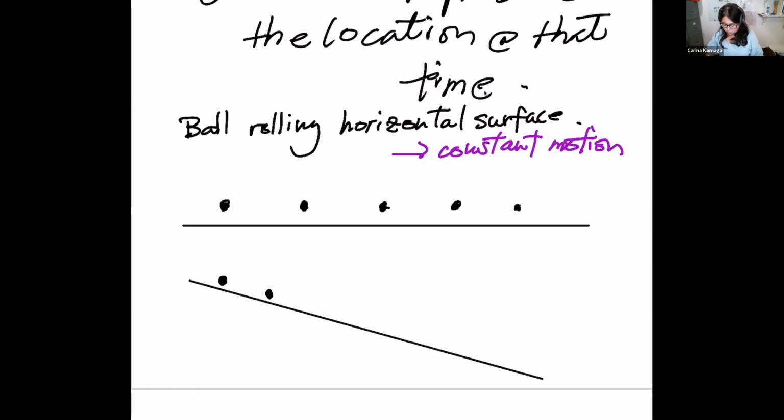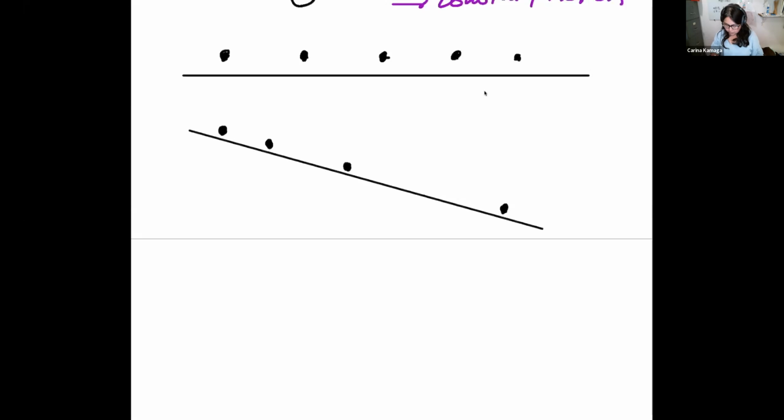The spacing should keep increasing because now it's accelerated. It has acceleration, so speed increases. And if you make it tilt even more, then this spacing will be more exaggerated.